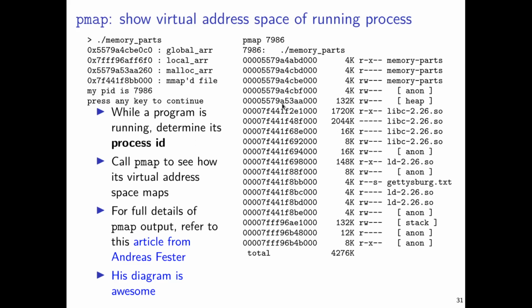There are a few other things. For instance, the global array up here, it is present in 0x5579A. That's probably down here in the read-write part. That's probably the data or initialized section of memory.